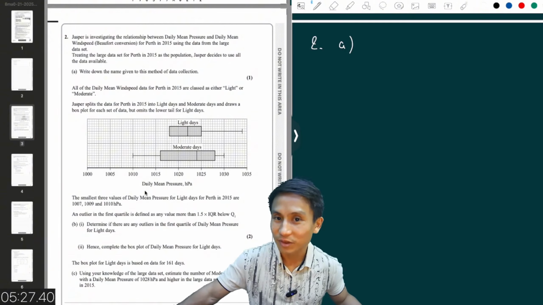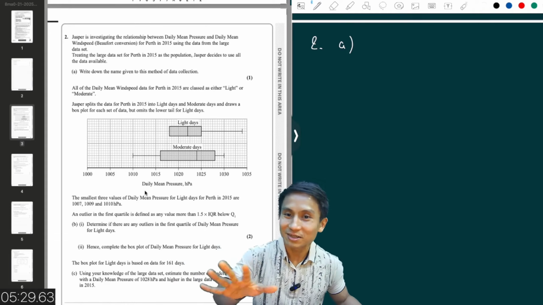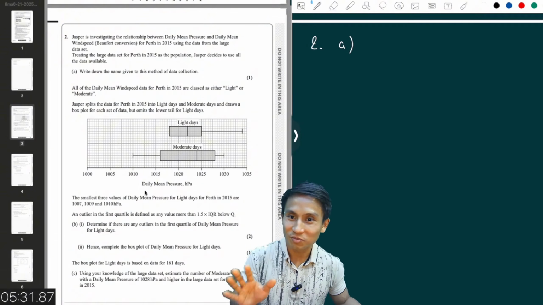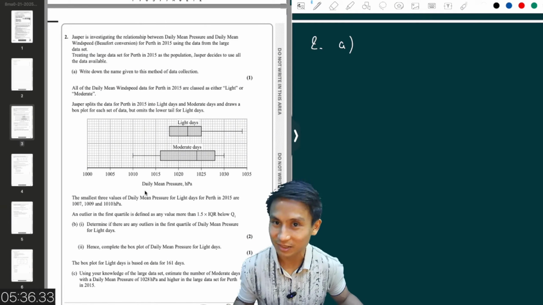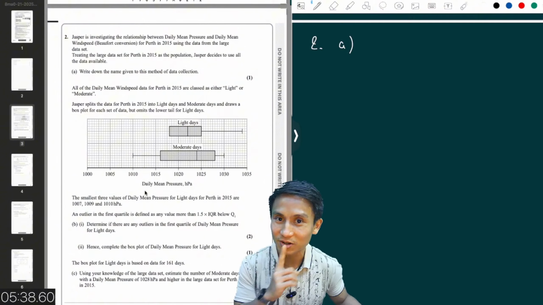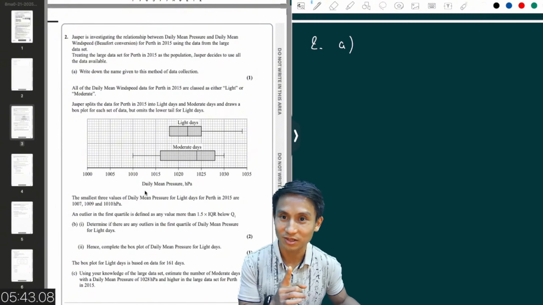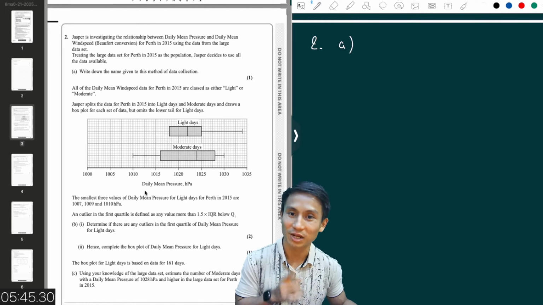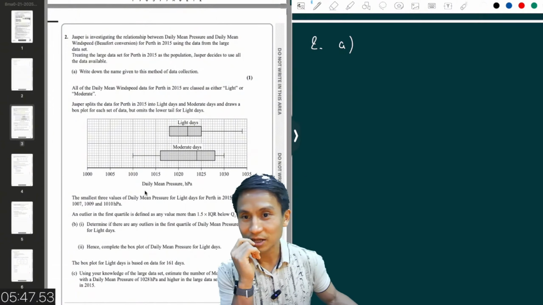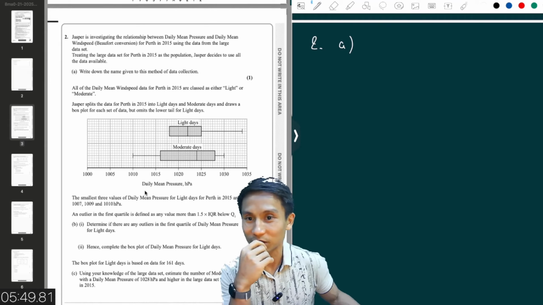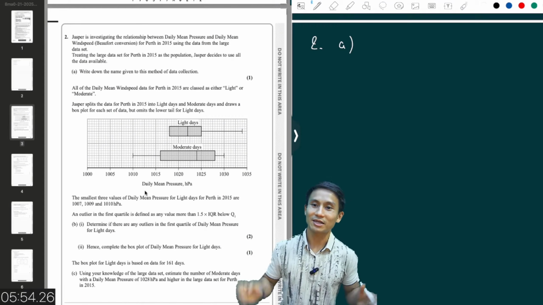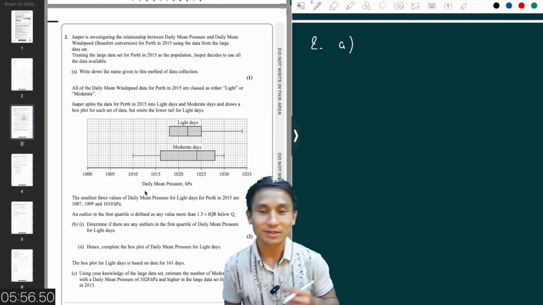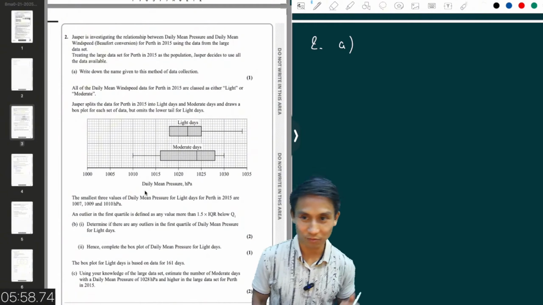Right. So okay, this doesn't require knowledge of the large data set, but is general knowledge of statistical sampling. So this is about sampling. Treating the large data set for Perth in 2015 as the population, he decides to use all the data available. When he decides to use all the data available, this is called census, not sample.